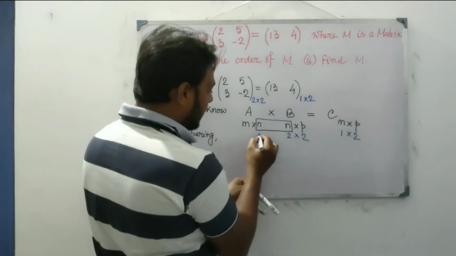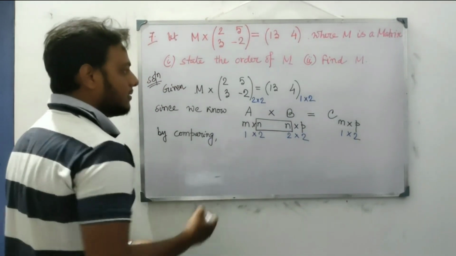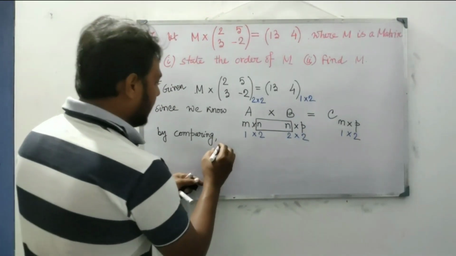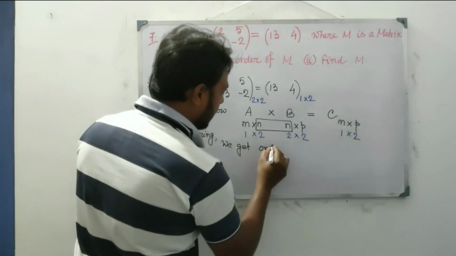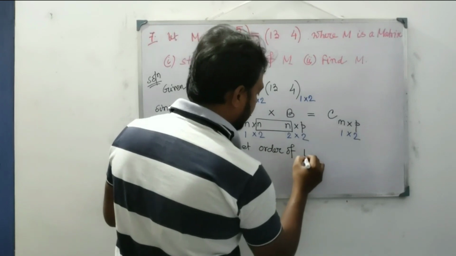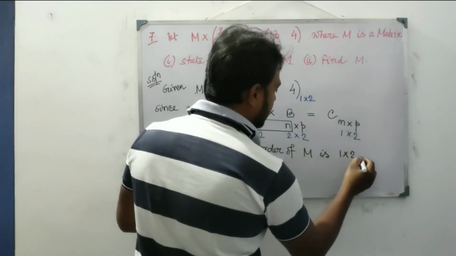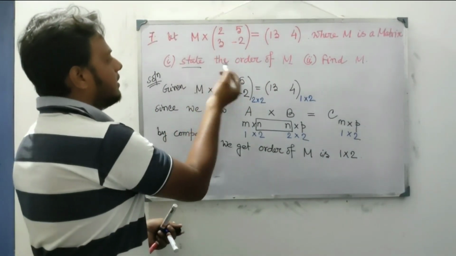So this N is again 2 and M is 1. You can do this, it will be better, I think. By comparing, we get the order of M is 1 cross 2. So this completes the first solution. Okay, state the order, this part is completed.